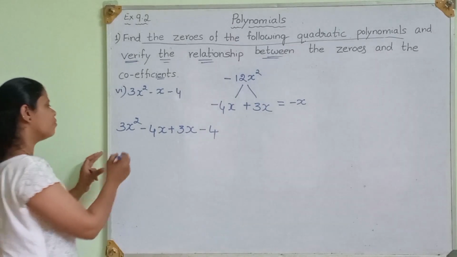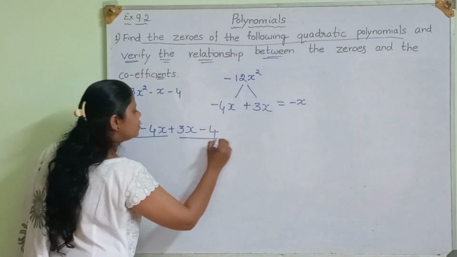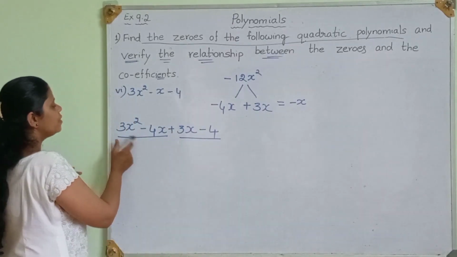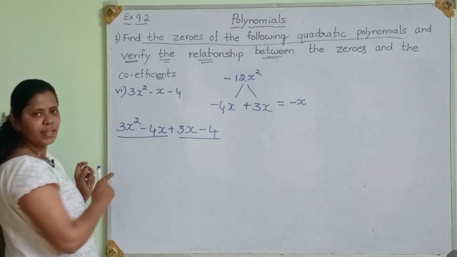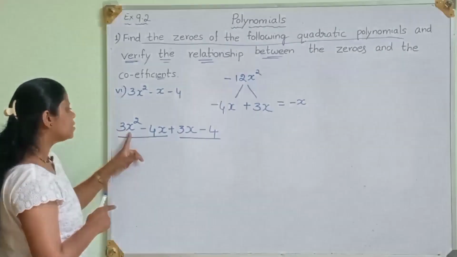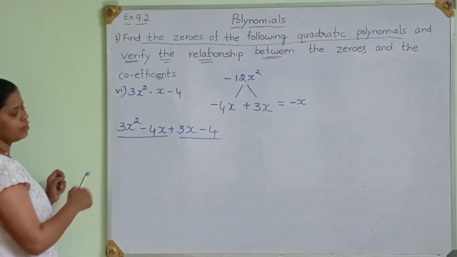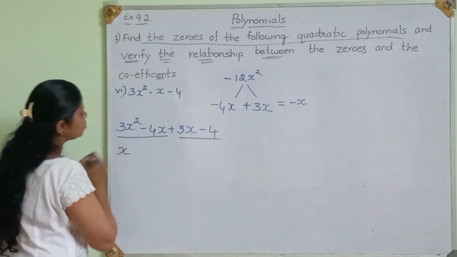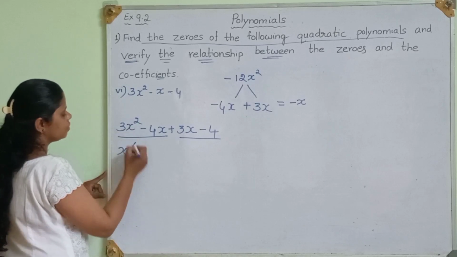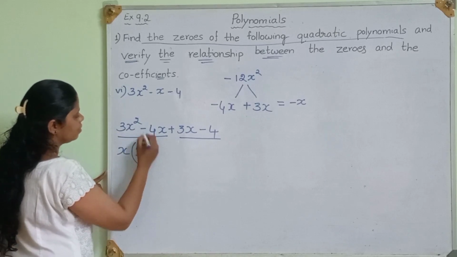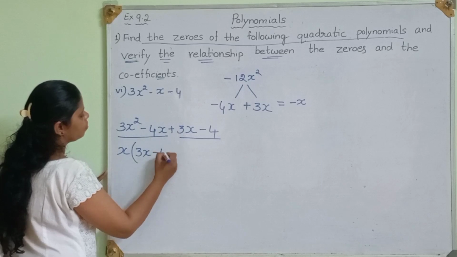Now let us do the grouping. This one and this one. Now compare these two, 3 and 4. Are they common? No. X square and x. Are they common? Yes. X is common, so let us take x outside. Then what is left? 3 into x minus 4.